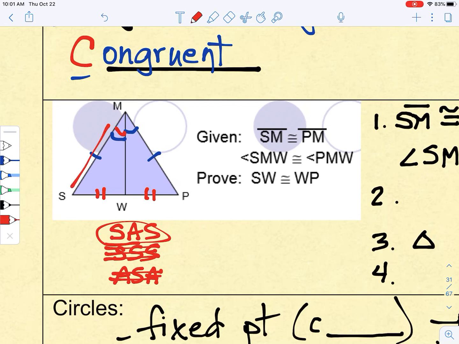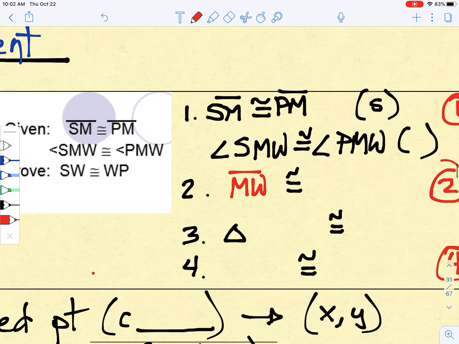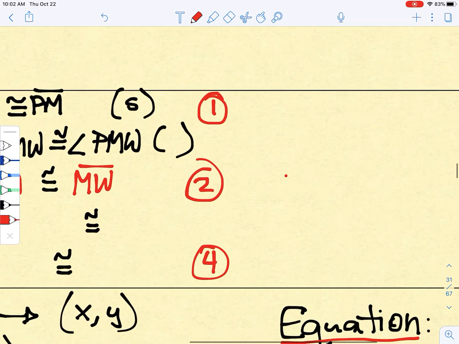So notice here we have the side and the angle, and then the side would naturally be that side. And that side is a shared side with the other triangle. So voila, as the French say, that middle segment, MW, is congruent to MW. And again, we call that the reflexive.